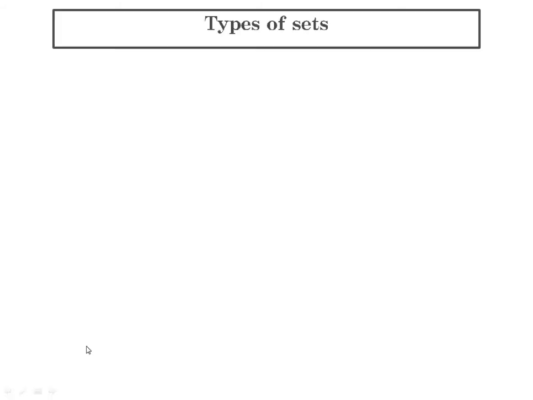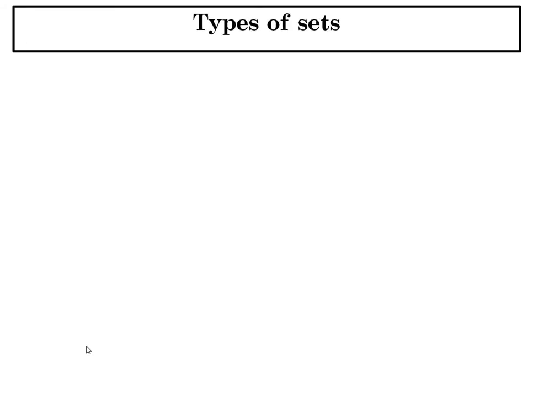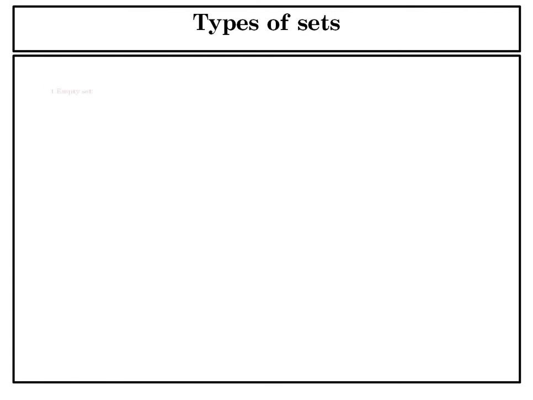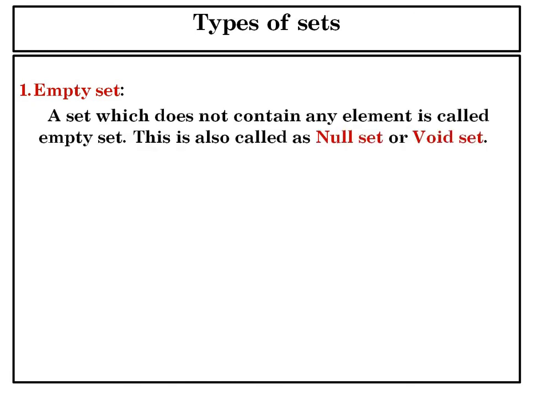In this video I am going to deal with types of sets. You see, empty set. What do you mean by empty set? A set which does not contain any element is called empty set.